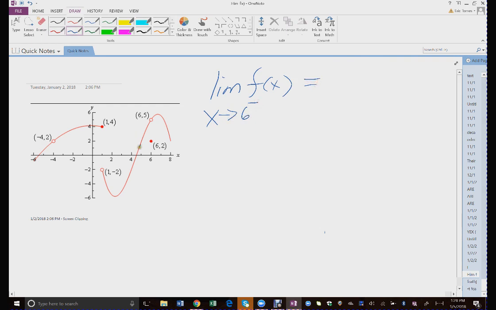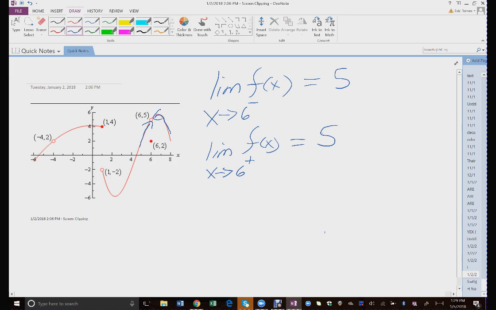So I'm on my function on the left and I'm approaching 6, then the y value is approaching 5. The limit as x approaches 6 from the right of f of x is, well, let's get on the right and we approach. And what are we approaching? Same value. We're approaching 5.